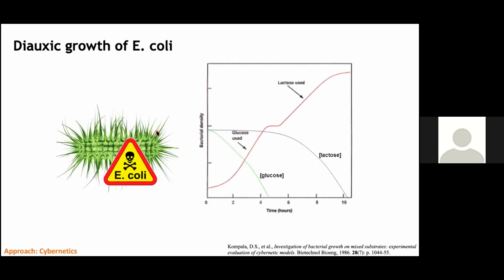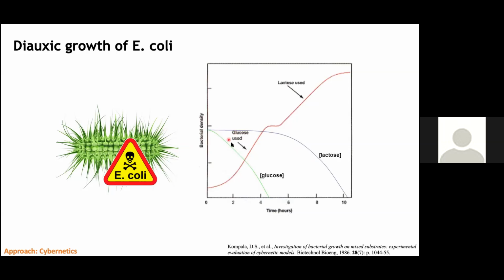So different biological phenomena can be explained by cybernetic models. For example, diauxic growth. When E. coli is presented with two different substitutable food sources, such as glucose and lactose, it preferentially utilizes glucose first, followed by lactose.